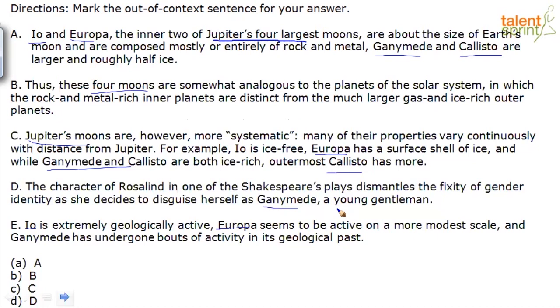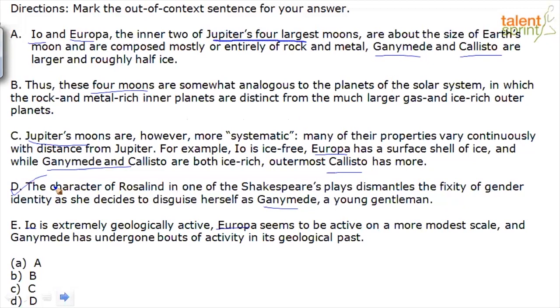And then I have D saying the character of Rosalind in one of Shakespeare's plays. So without even having to move on to E, I know that the sentence that is out of context is D, right? Because it's talking about something completely out of context here. Again, E goes on to give additional information about the moons. Io is extremely geologically active. Europa seems to be active on a more modest scale.